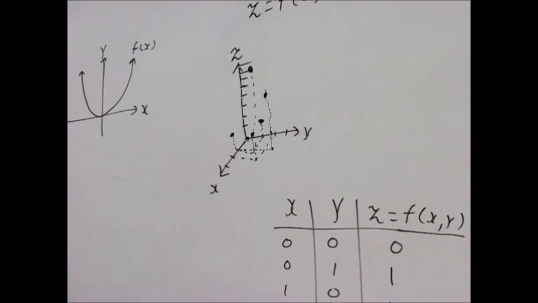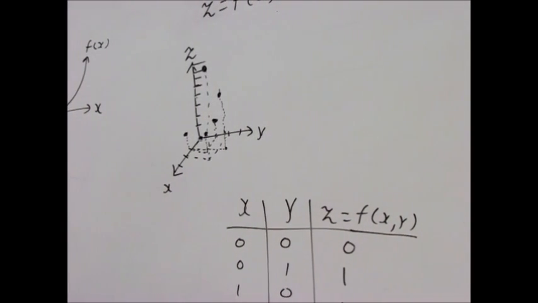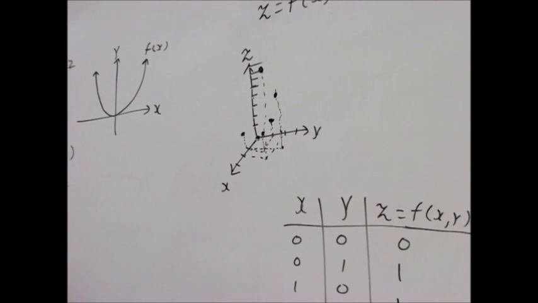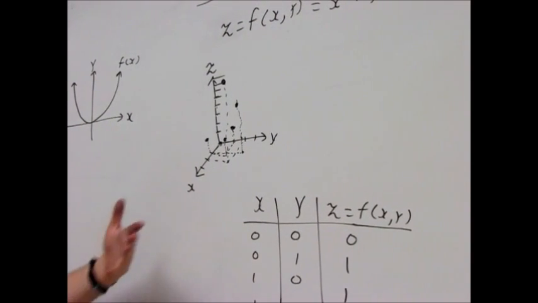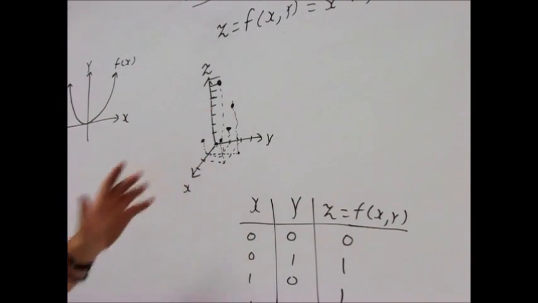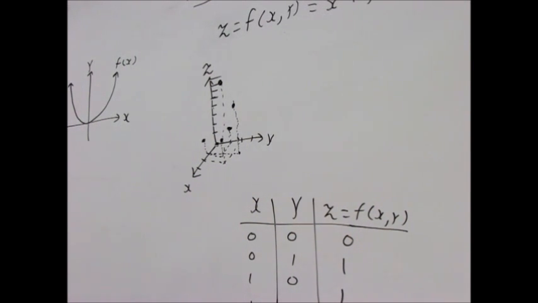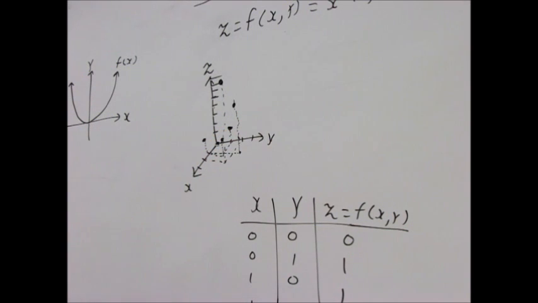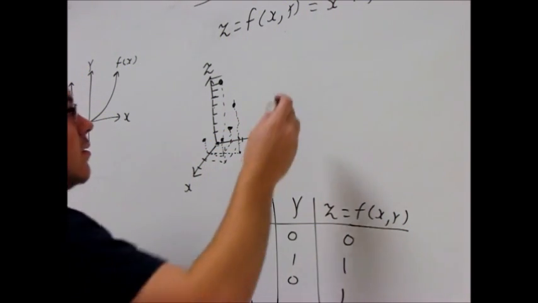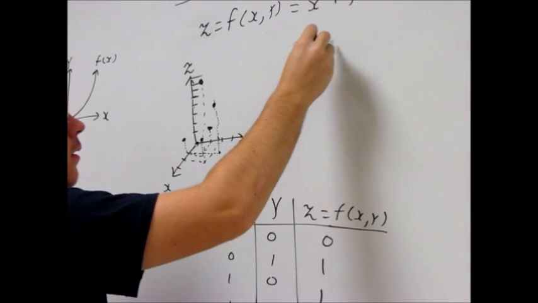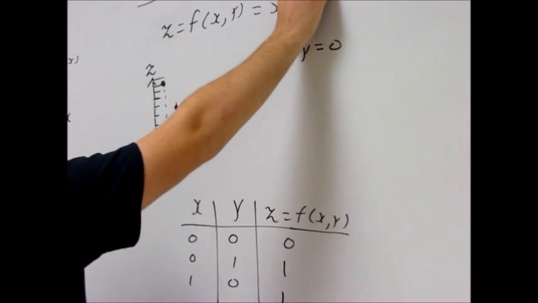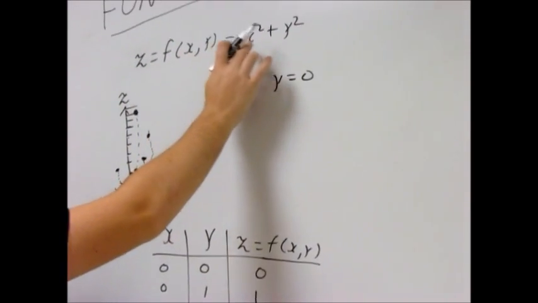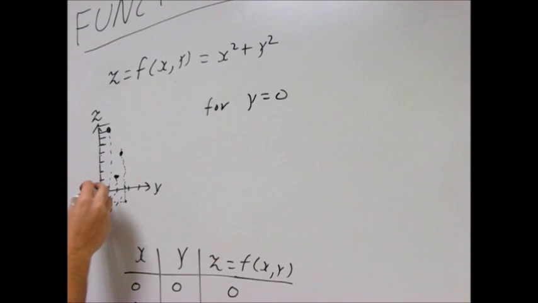Some of the ways we can try to understand what this function looks like is to think about what it looks like only in certain directions. For example, if we set y equal to 0 and just think about x, then z equals x squared, which we know what that looks like.